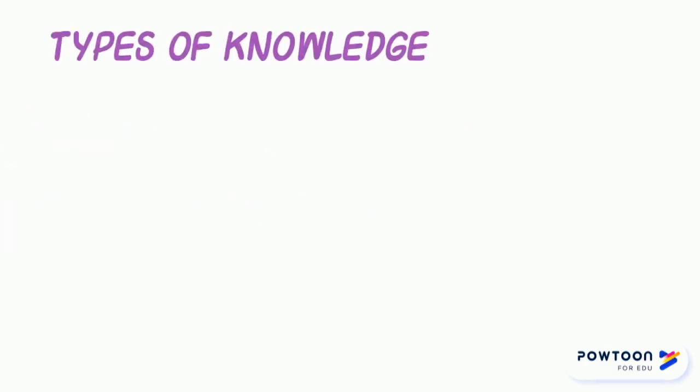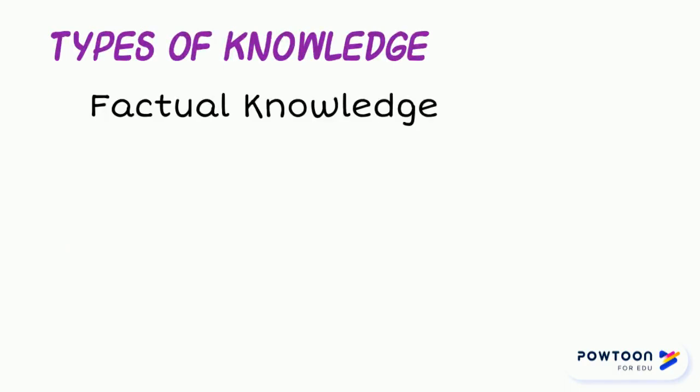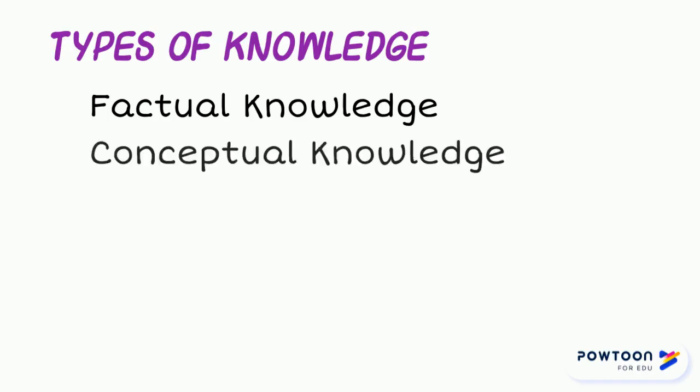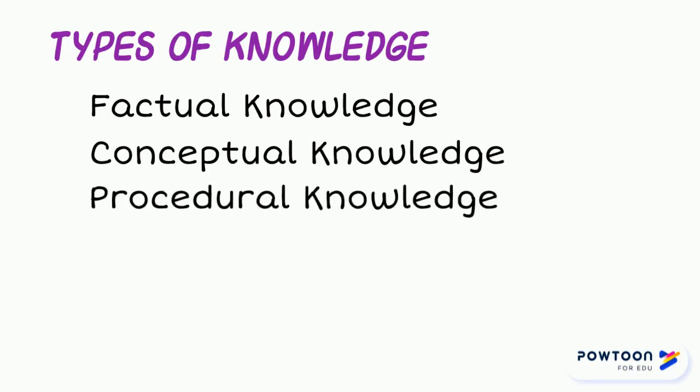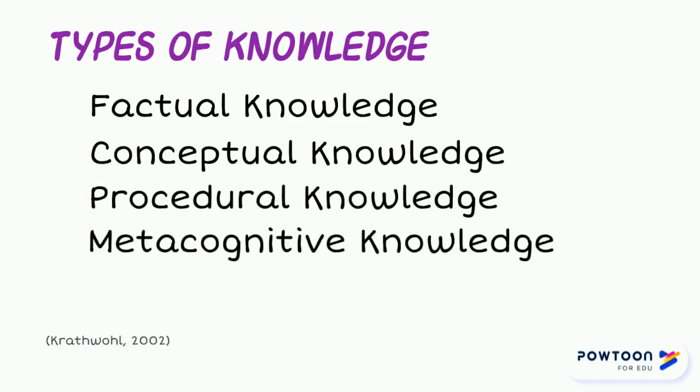There are 4 types of knowledge in the knowledge dimension: factual knowledge, like terminology and other basic elements that a learner needs to know to solve a problem in that discipline; conceptual knowledge, which is the interrelationship among those basic elements within a larger structure that enables them to function together. So this would be classifications, general principles, theories, models, things of that nature. Procedural knowledge, or how to do something, and metacognitive knowledge, which is knowledge about cognition in general, as well as awareness of and knowledge about one's own cognition.